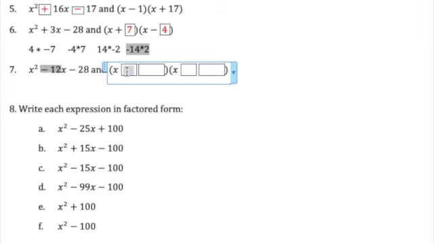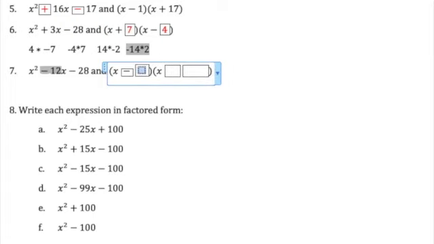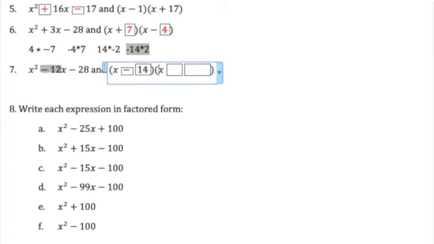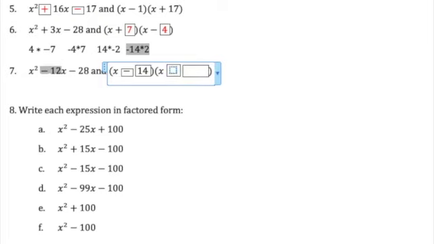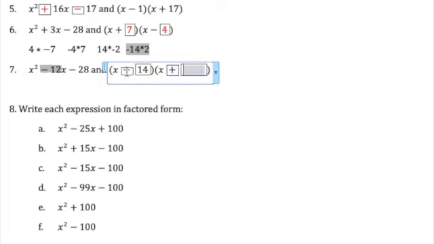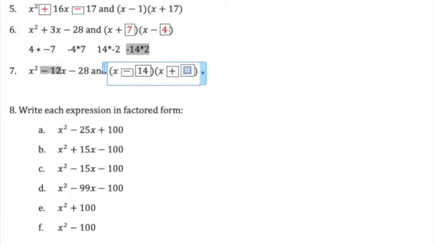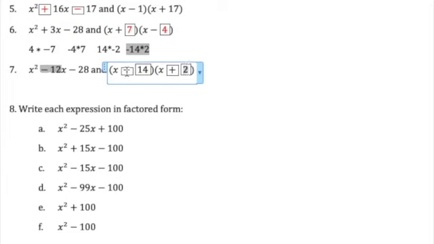So I could do x minus 14, and then x plus, these boxes are annoying to fill in, 2. So there we have it. There's our blanks filled in.